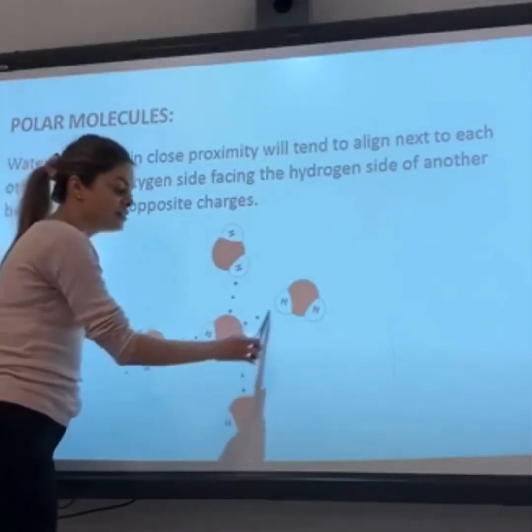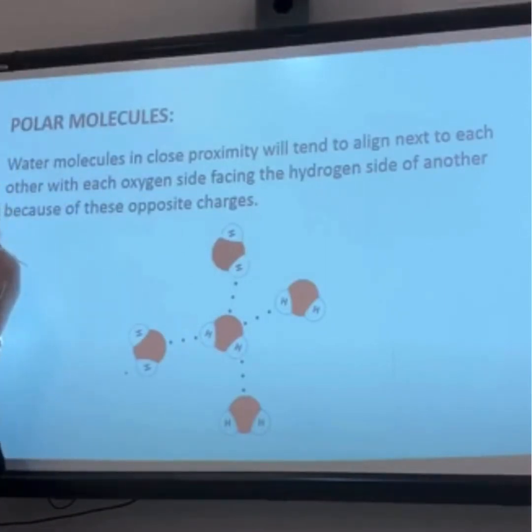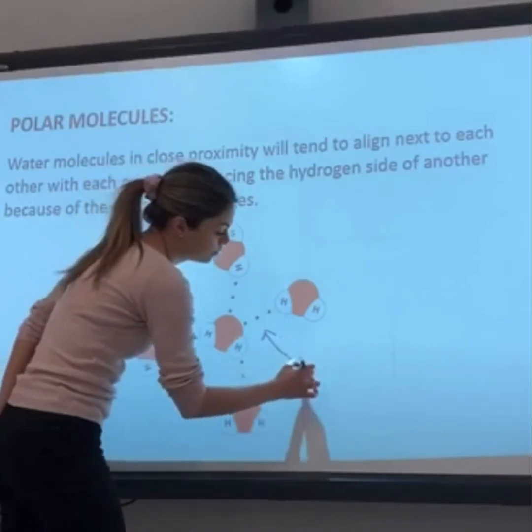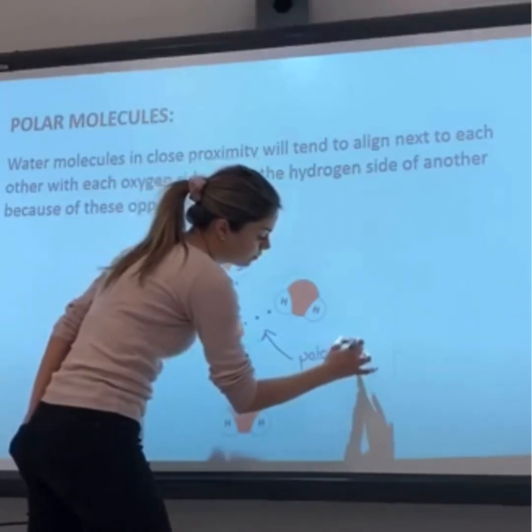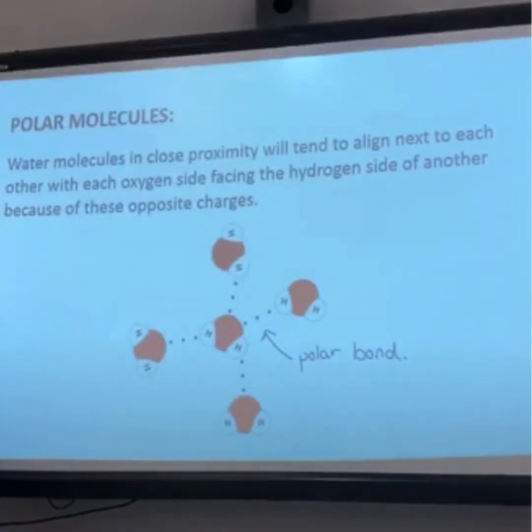This electrostatic attraction is called a polar bond. So that is a polar bond, and it's between partially charged atoms, effectively, within molecules.